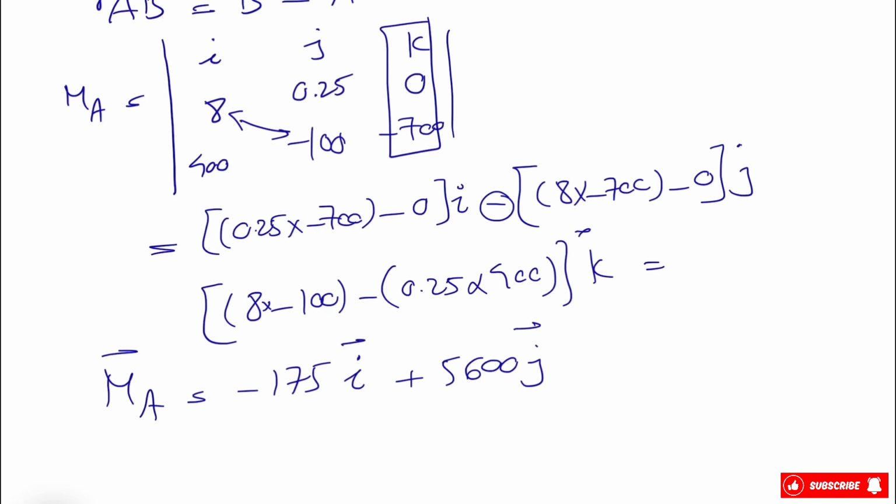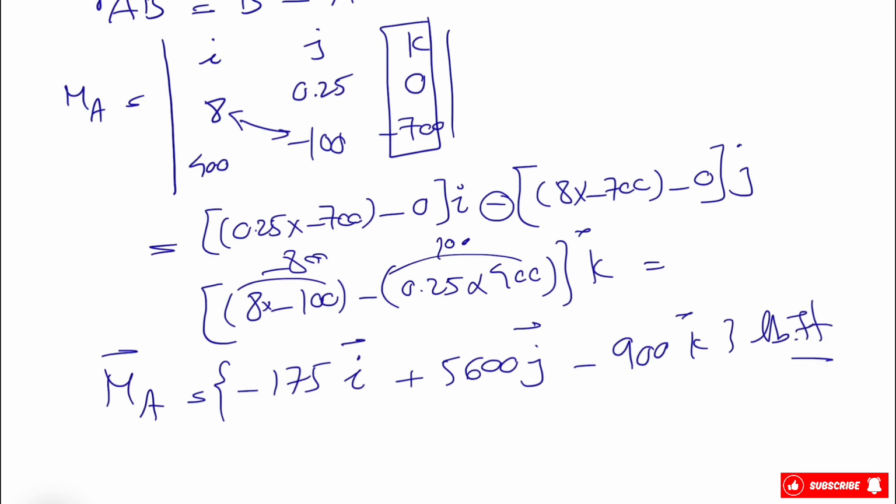And the last component is minus 800 minus 100, 400 times 0.25, which will be 100, and at the end we'll have minus 900 for the K component, and we know that the unit will be pound-foot. And this would be the final answer for this question.